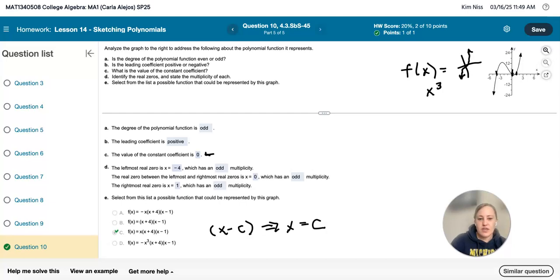For x equals 0, that's just going to be the value x. For x equals -4, that's going to be x minus c, or x minus -4. And for x equals 1, that's going to be x minus 1, because c equals 1.